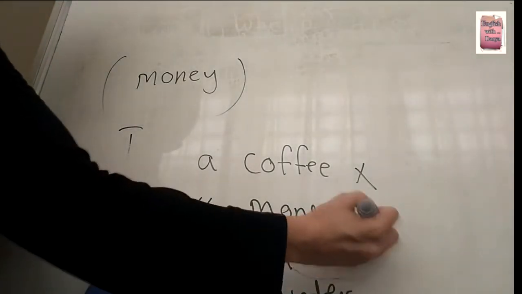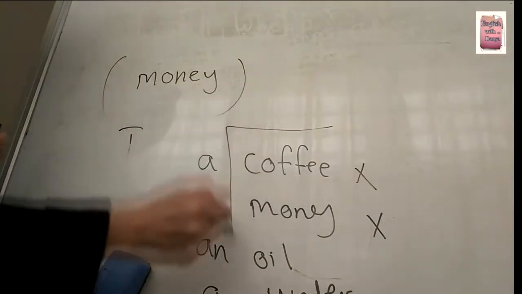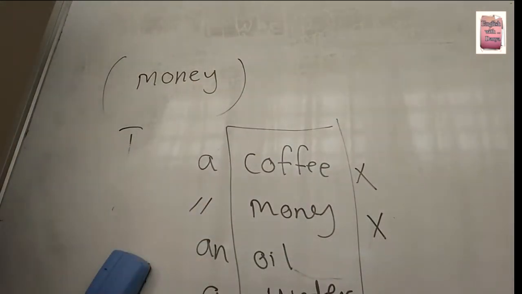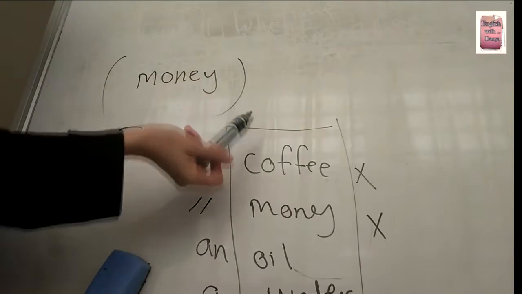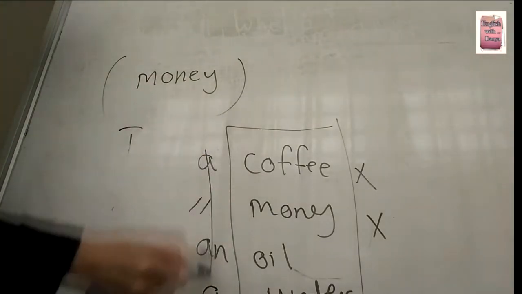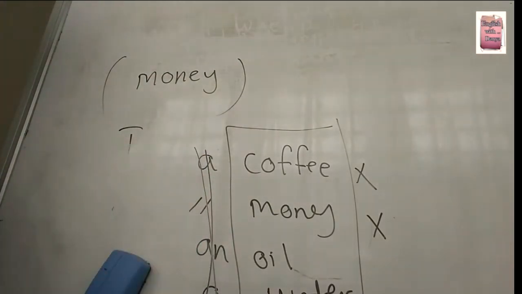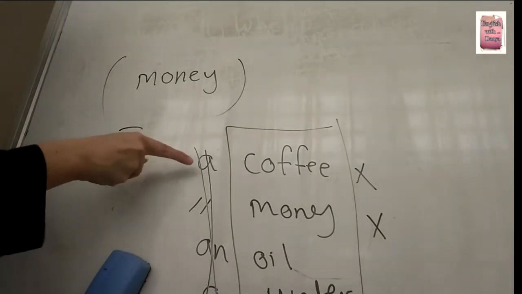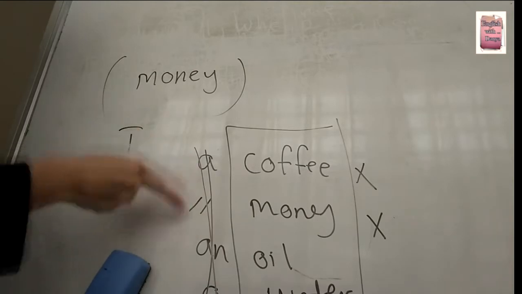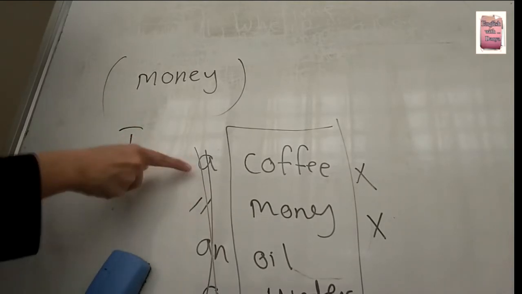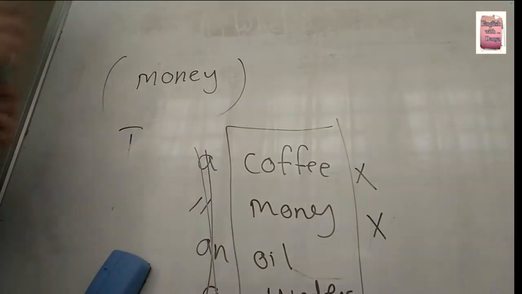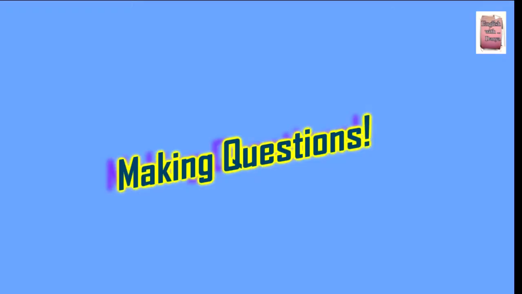These are all wrong. Why wrong? Because all of them are uncountable. So because they are uncountable, we can't use any article with them, right? So we can't use a or an. They are not possible to be used with uncountable nouns.